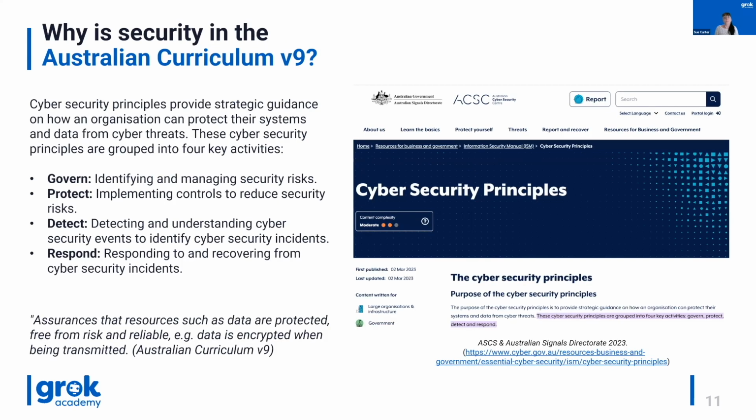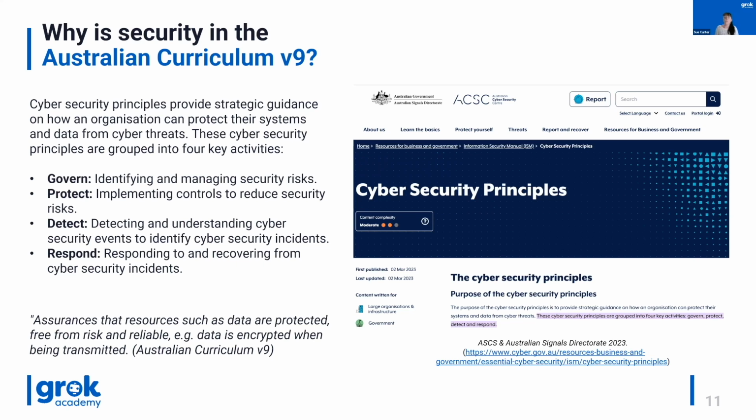Similarly to the privacy example just provided, security is also governed by a set of national principles. The 4 key areas are governance in identifying and managing security risks, implementing controls to reduce security risks, detecting and understanding our cybersecurity events to identify any security incidents, and to respond to and recover from any cybersecurity threats.